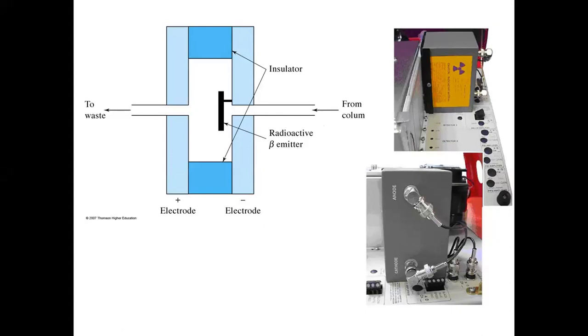At the initial stage, while only mobile phase is moving, the mobile phase will reach the beta ray emitter, and the beta ray emitter will interact with the mobile phase, and consequently it will release electrons because it is a beta radioactive emitter.